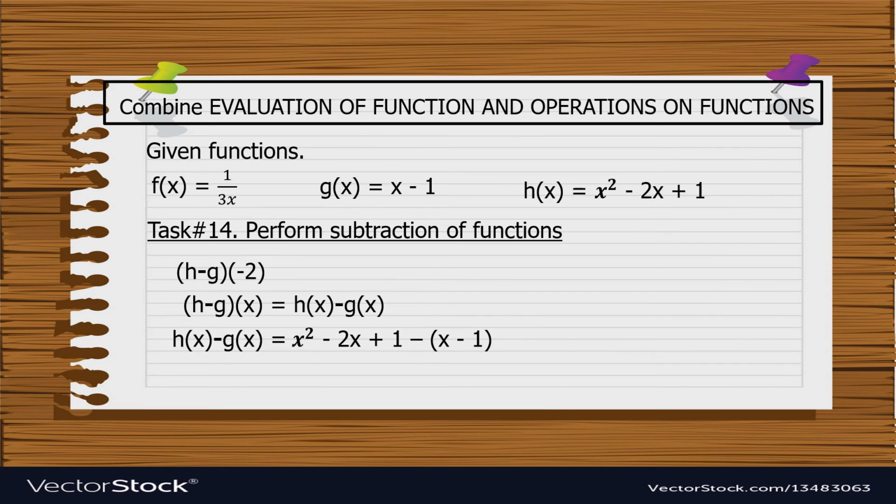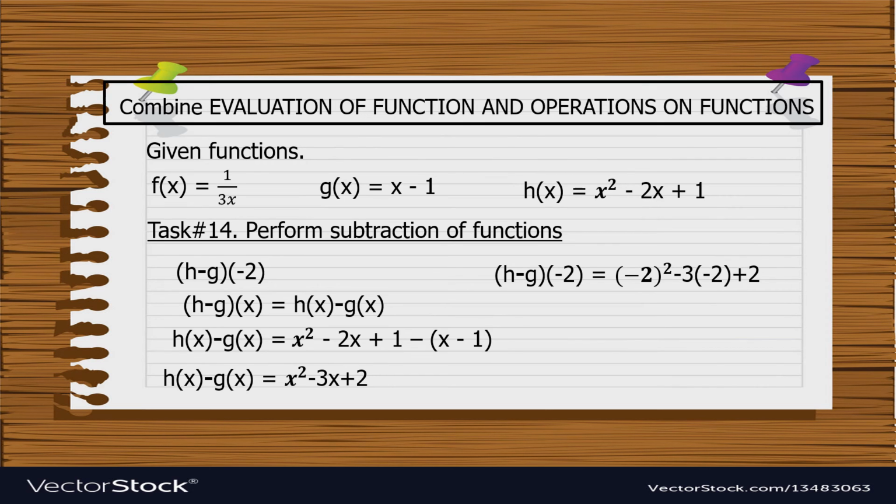So h of x minus g of x equals x squared minus 2x plus 1 minus quantity x minus 1. And then we have h of x minus g of x equals x squared minus 3x plus 2.